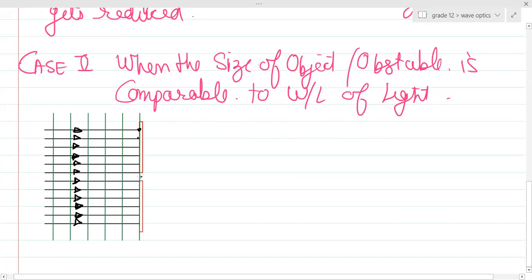So there are multiple secondary sources which I can choose. Let me choose one in between as well.